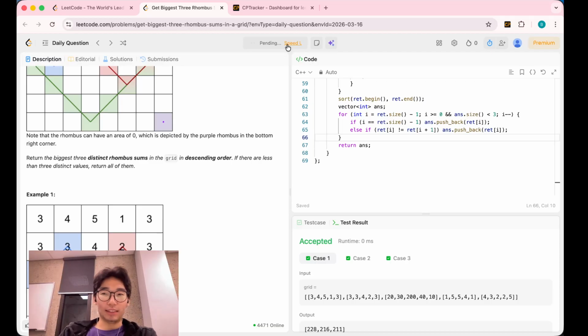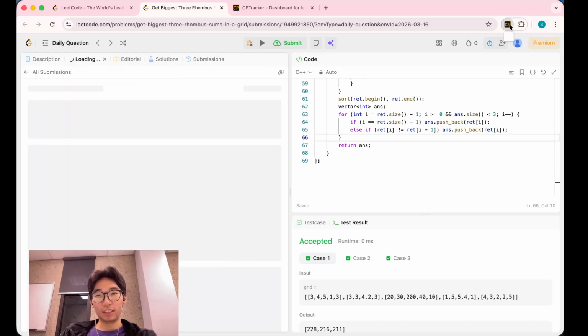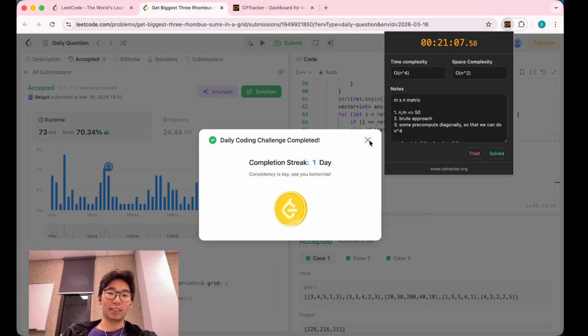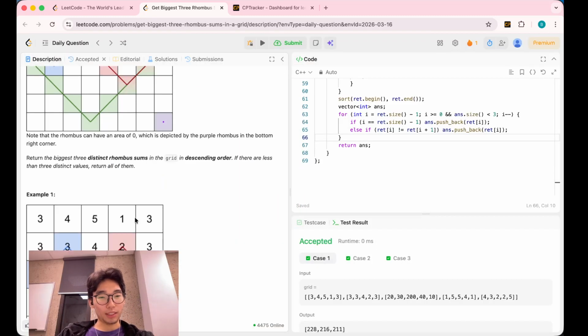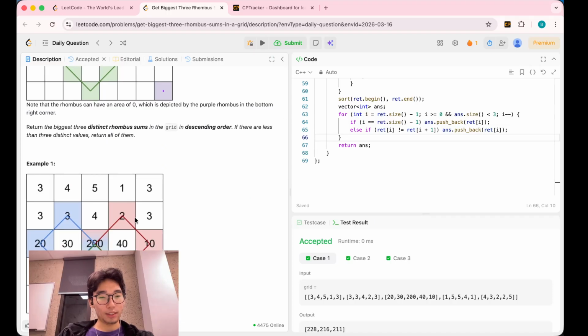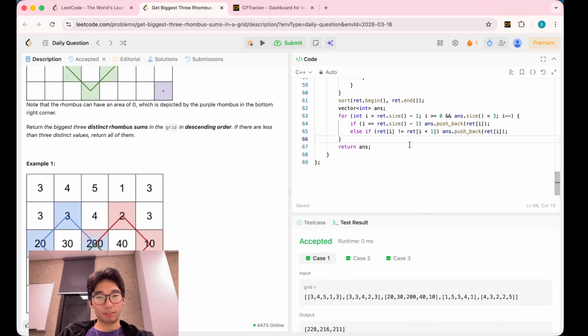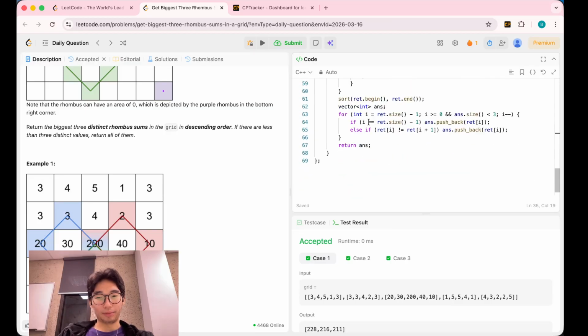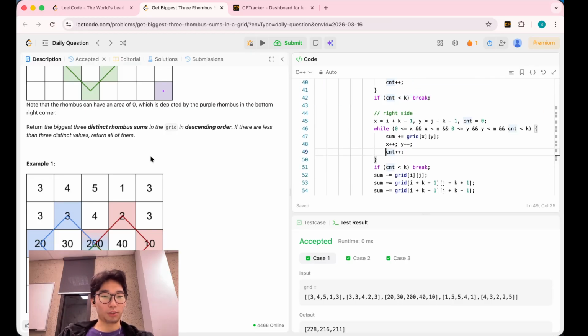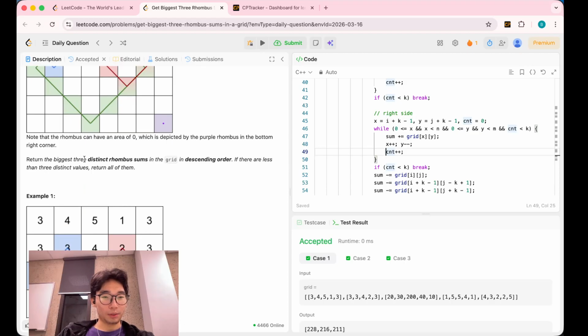Okay, it's definitely taking a lot longer than what I initially expected, just because I wrote a bunch of repeated code and then I kept forgetting what the answer should be.